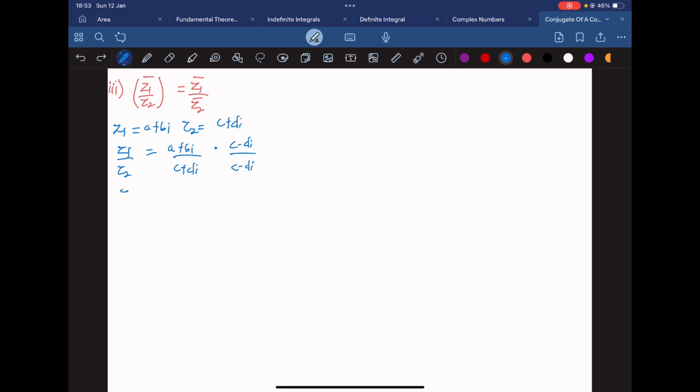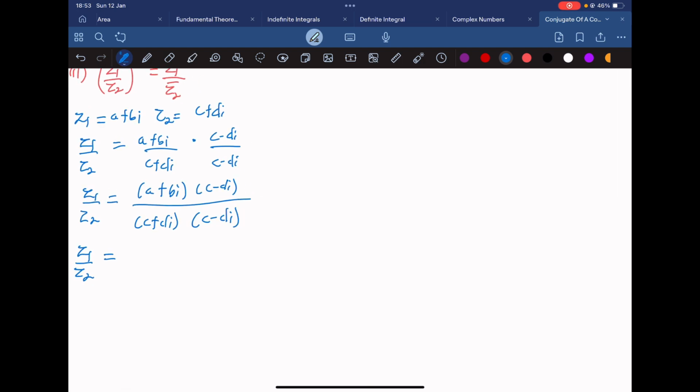So we have z1 over z2, and that is equal to, so multiplying the numerators, you're going to have a plus bi and c minus di. In the denominator, you're going to have c plus di, then c minus di. Then you FOIL it out as we've already done.